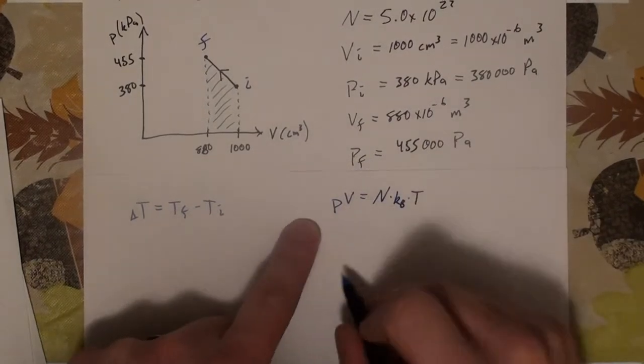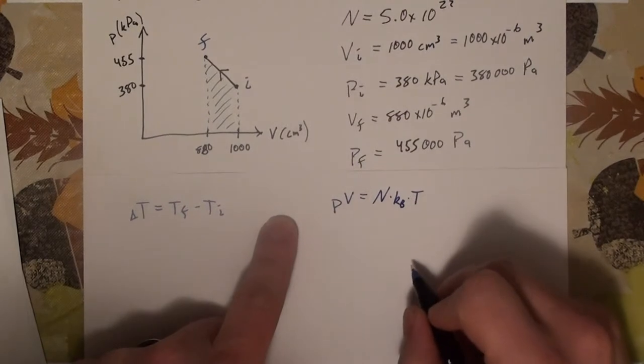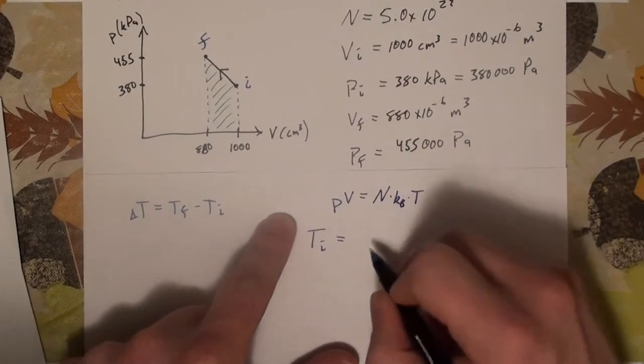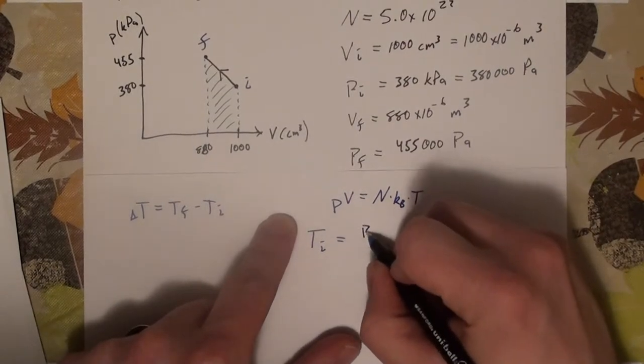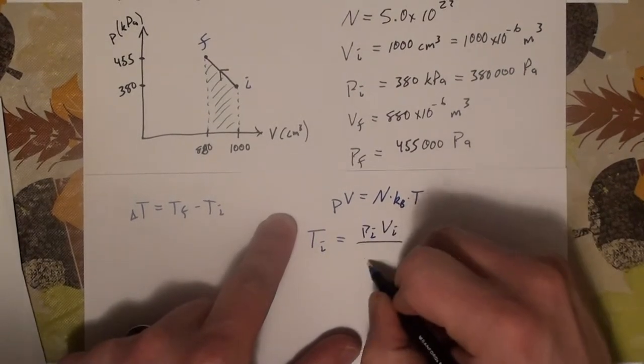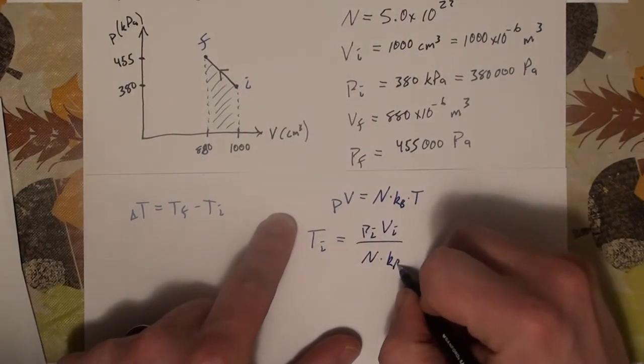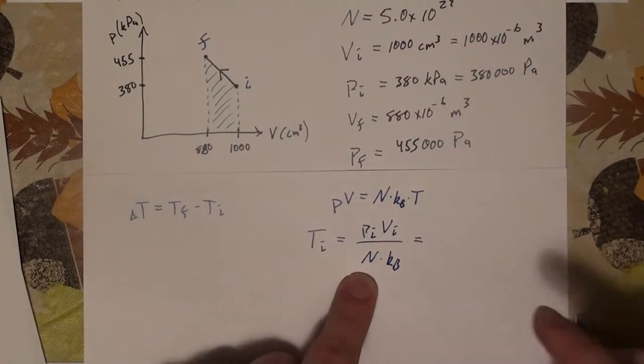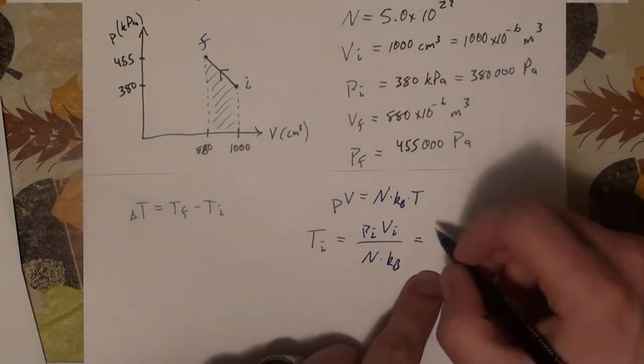I'll go ahead and solve it for T. T initial is going to be P initial V initial divided by N k_B. N's not changing because it's a sealed container. So now I can just plug these numbers in.